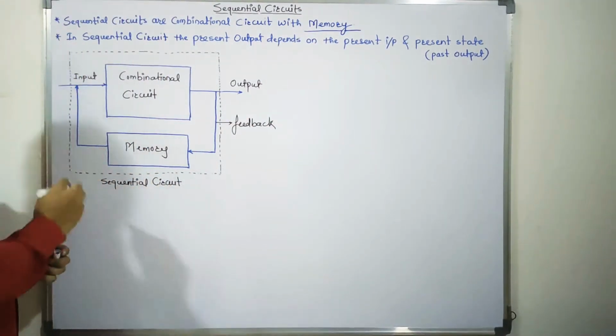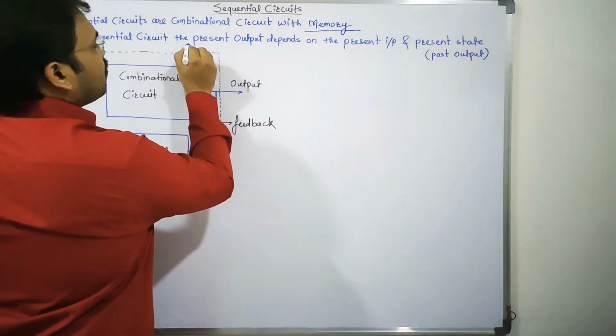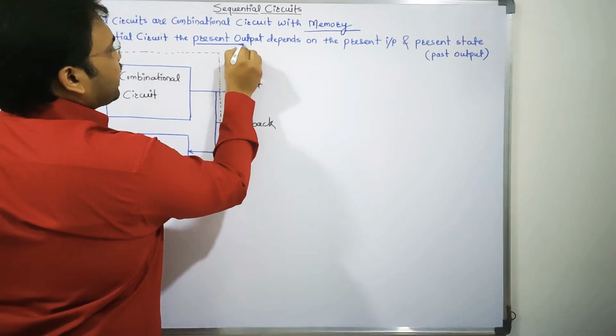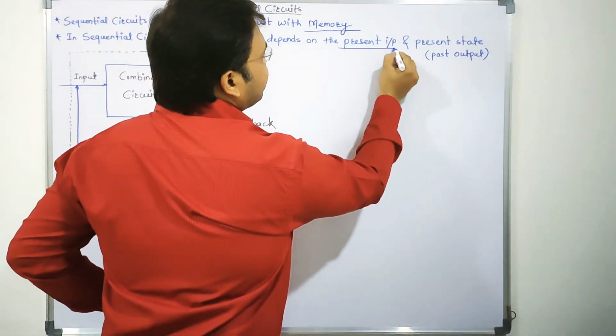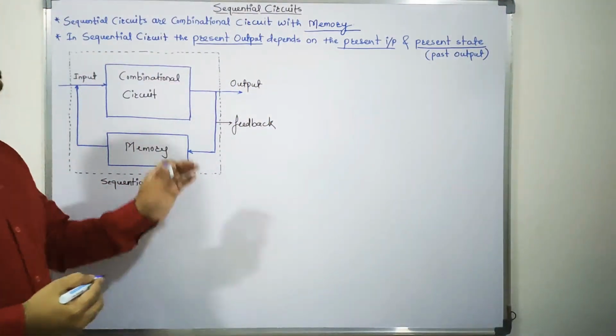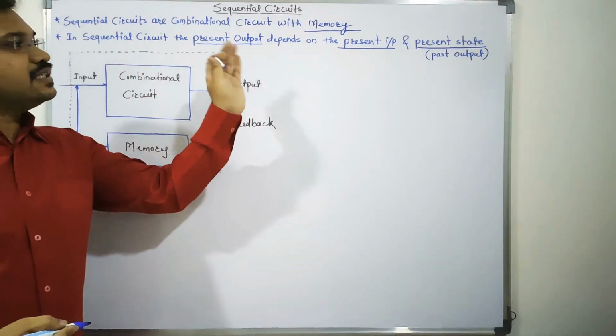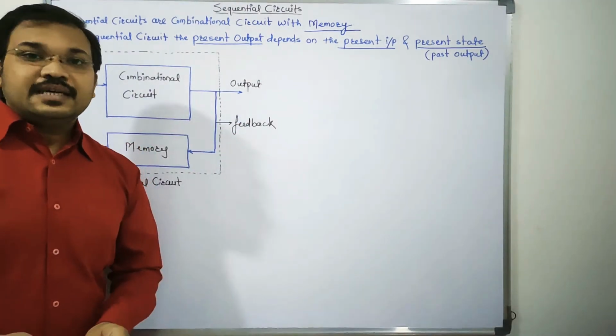Next, in a sequential circuit, the present output depends upon the present input and the present state.